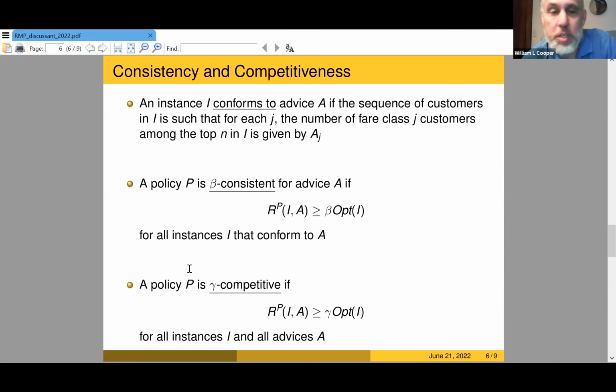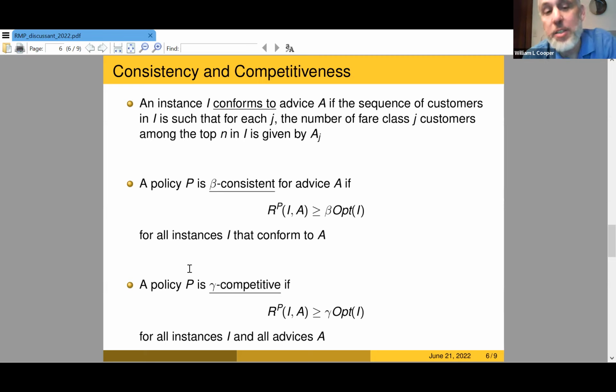And then the other notion is gamma competitive, and gamma competitive is essentially saying that if I get this advice and I get an instance and I apply my policy to that instance using that advice, then it will be at least gamma times the optimal.